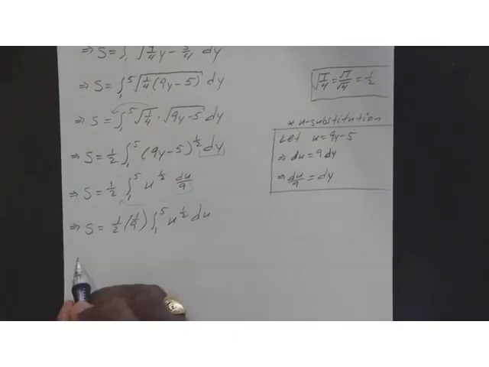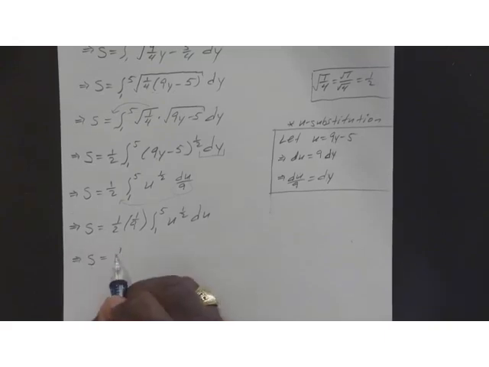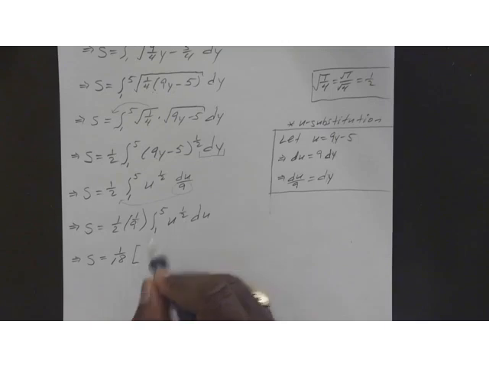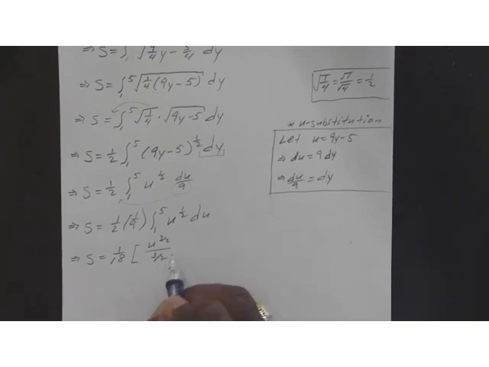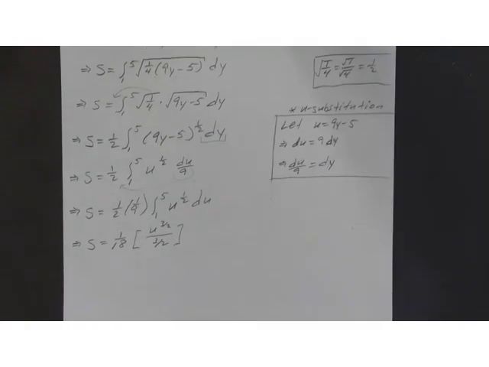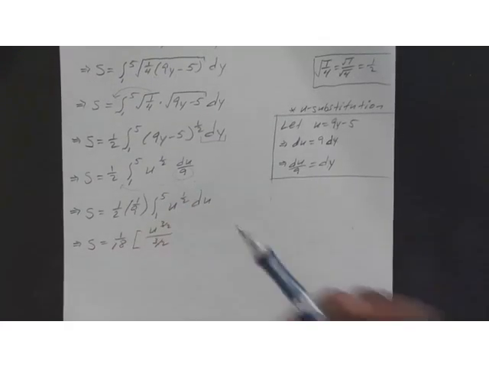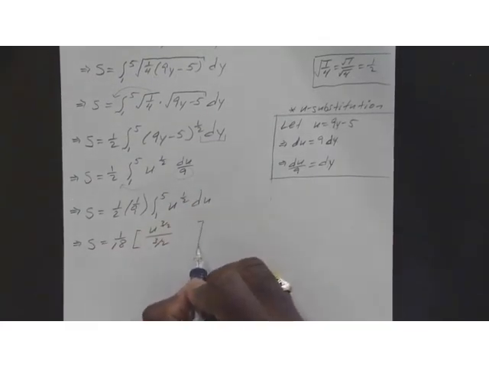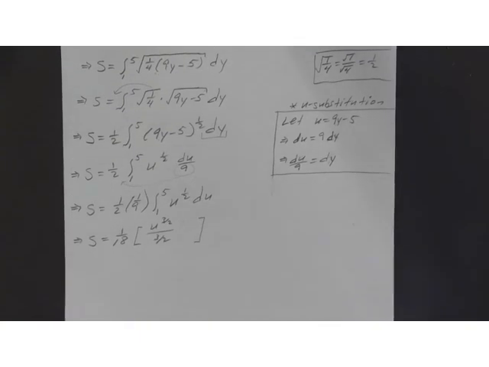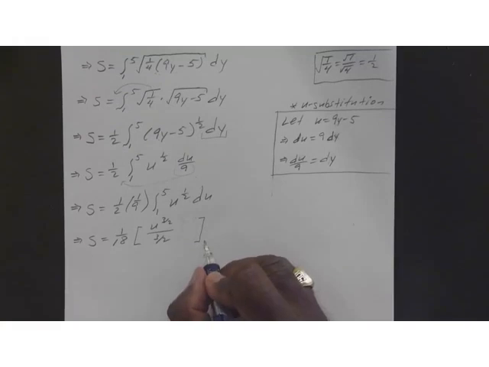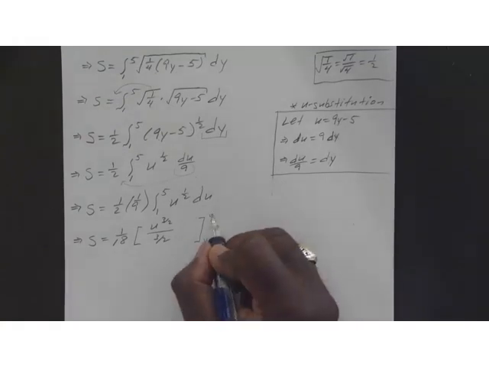If we take those two factors and combine them, that's just equal to 1 over 18. And the integral of u to the 1/2 power is u to the 1/2 plus 1, so u to the 3/2 divided by 3/2. Give that a little bit of room so we can simplify that without an additional step. And we don't need the plus C because that's from y equals 1 to y equals 5.